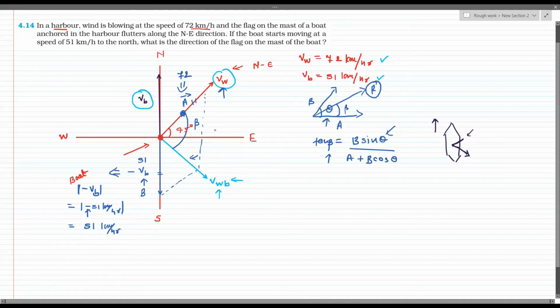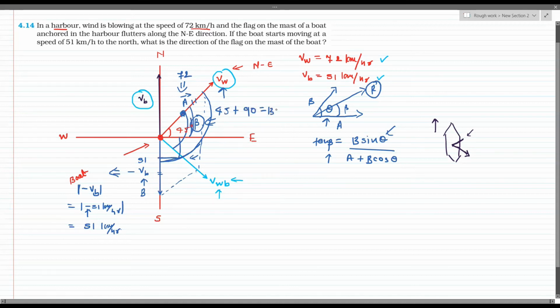Now let us find this angle beta. But before finding beta, we should have the angle between the two vectors, right? So how much? As we know, this much is 45, this much is 90.